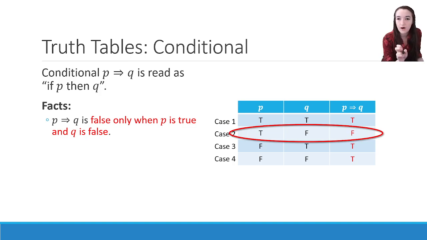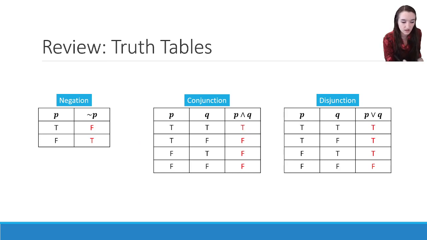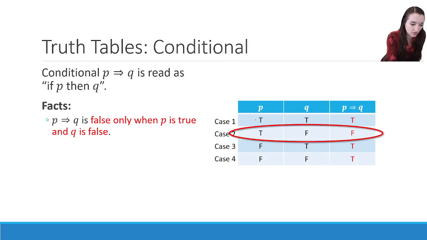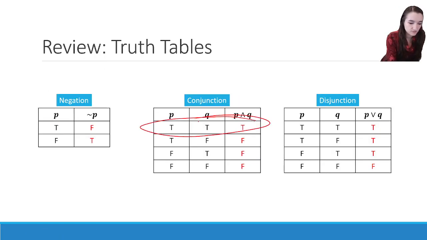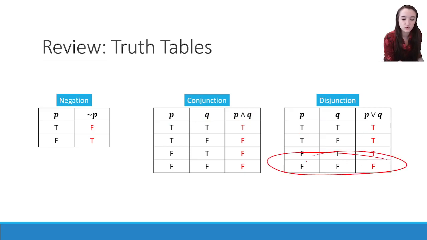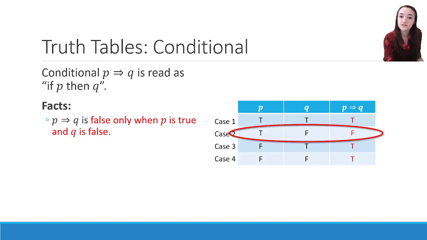The odd one out, which, just like the other ones, had odd ones out, right? Our odd one out here was true, true, and true, and our odd one out here is false or false, gets us false. But everything else is true. So for the conditional, the odd one out is if true, then false.